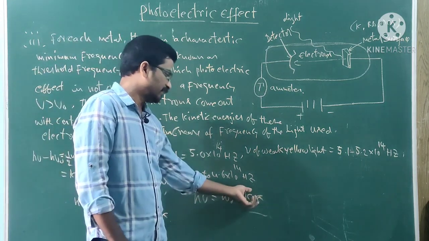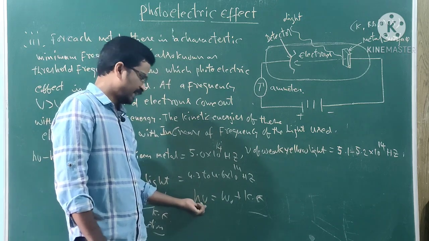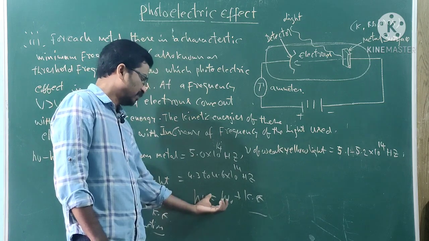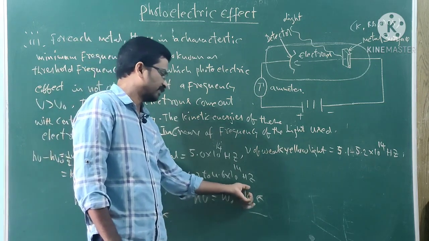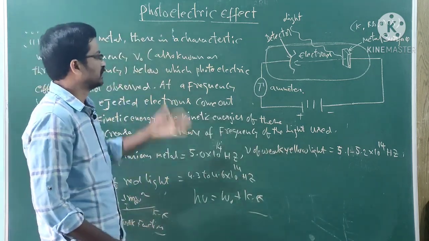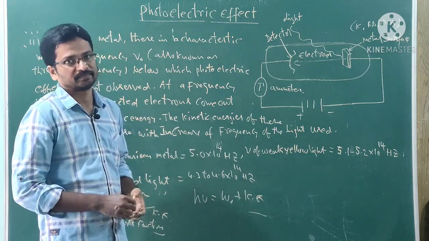When the light frequency is greater than the threshold frequency, only then the remaining energy gets converted into kinetic energy of the electron. This is the way you can understand the photoelectric effect.